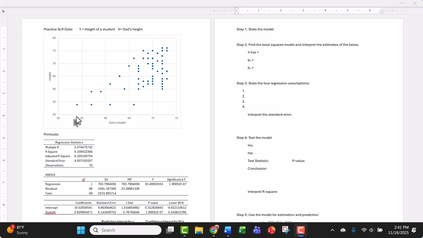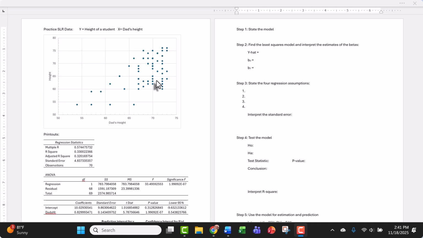You can see that on the lower left-hand side, we have some points. We have shorter fathers and we have shorter students. And then as you move to the right, while it's not a perfect relationship by any stretch, you can see it starts to increase. Now, I believe I showed you in class how a lot of these points where the cursor is right now are my female students, because females on average tend to be a little shorter than males.